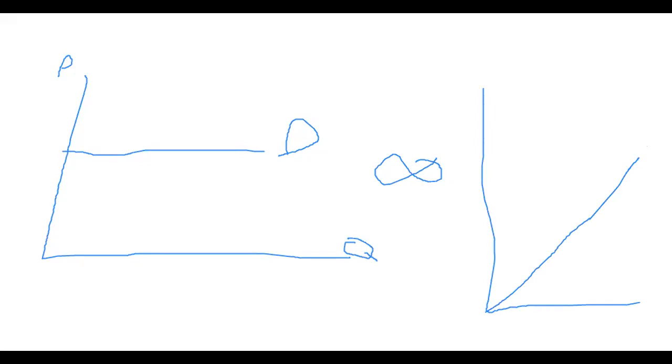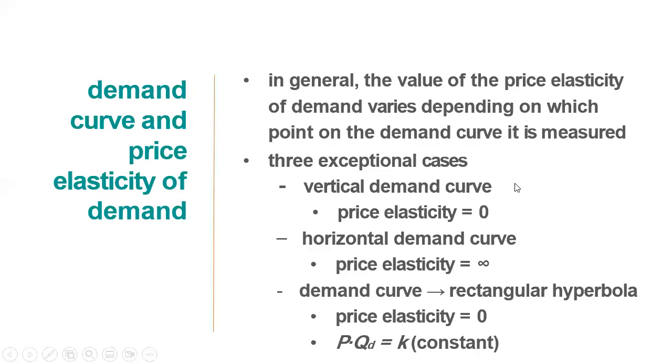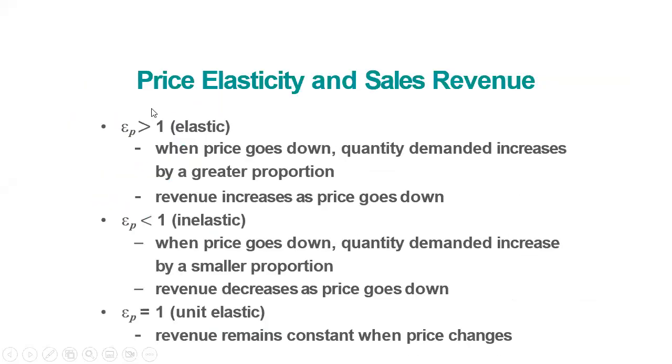So that's unit elastic. When the price elasticity is more than 1, that means the demand is elastic. When it is less than 1, it's inelastic. When the price elasticity is equal to 1, it's unit elastic.